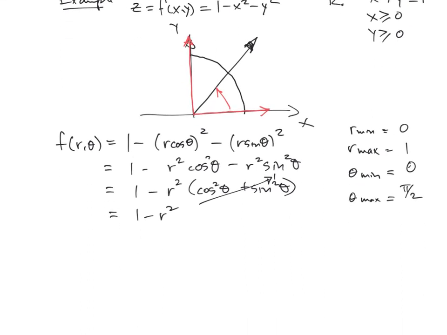Exactly. So now my integral is going to be my function, which is 1 minus r squared, times dA, which is r dr d theta. Integrate with respect to r first. So the limits of the inner integral, r goes from 0 to 1, theta goes from 0 to pi by 2.